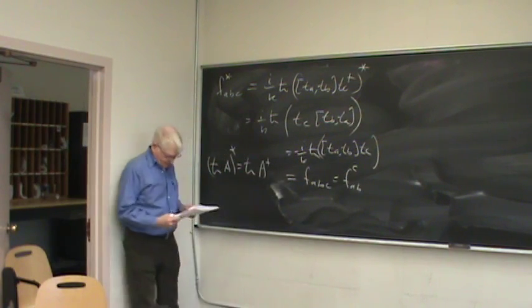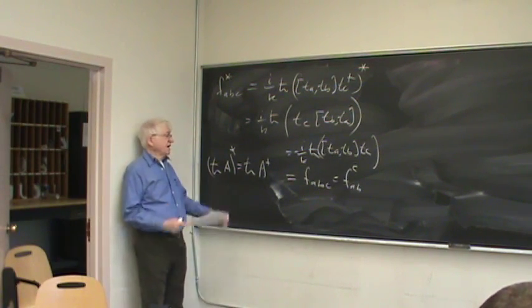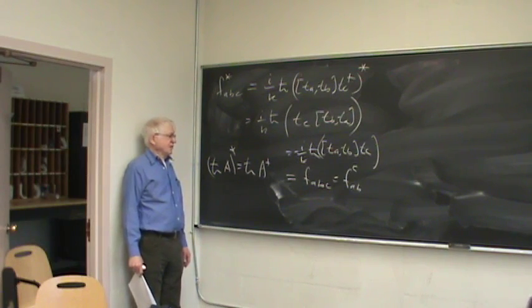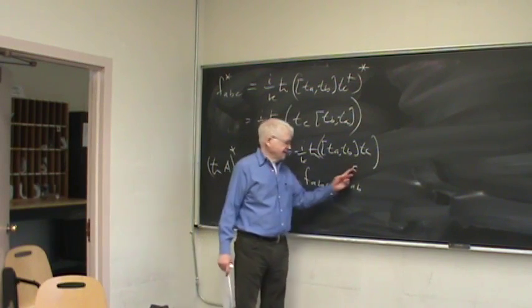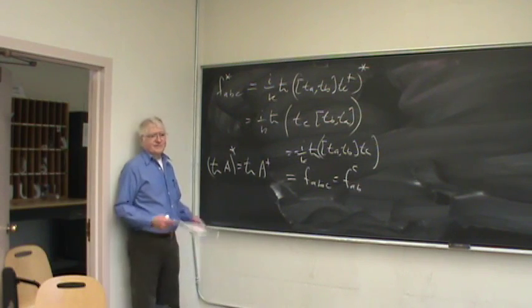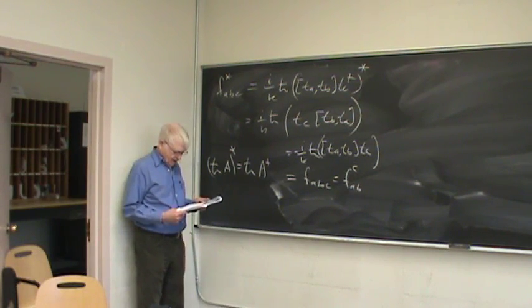Okay, so the structure constants are real. I almost wonder whether maybe, as always, Weinberg's right to keep this C up there. But my notes aren't that way, so I'm going to stay this way.